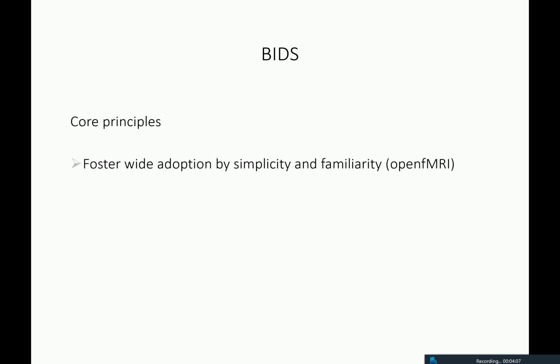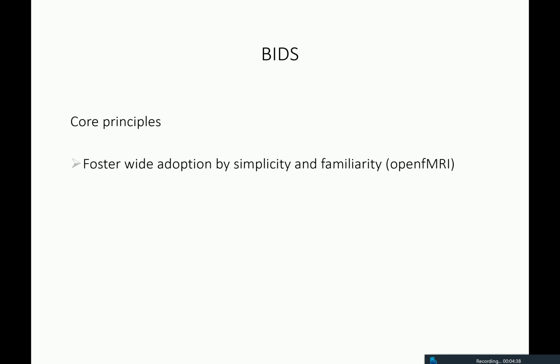What are the core principles behind BIDS? What they tried when developing this essentially proposal for a community standard for data in fMRI, they aimed for a wide adoption and aimed to foster that by simplicity and familiarity. So they actually used the same framework or the same data structure they already established for OpenfMRI.